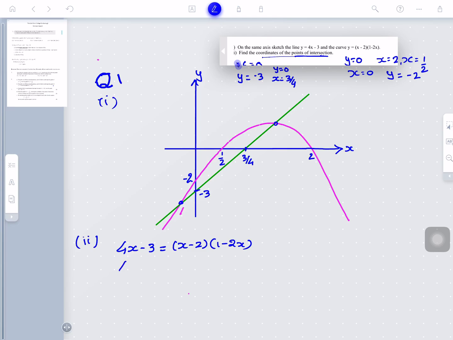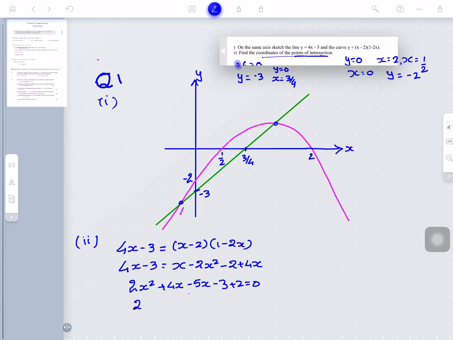So you get 4x minus 3 equals x minus 2x squared minus 2 plus 4x. Then if you move it all onto one side, you get 2x squared plus 4x minus 5x minus 3 plus 2 equals 0.